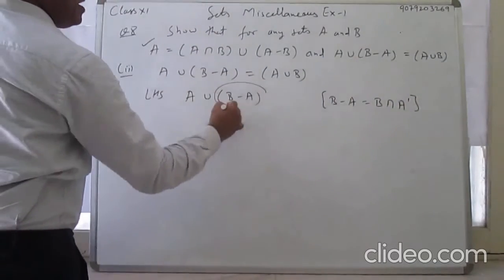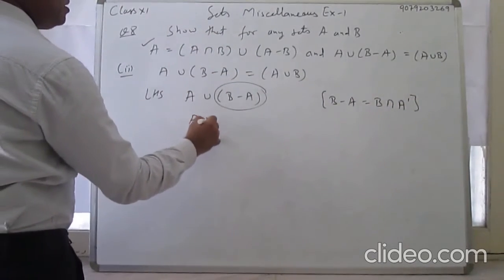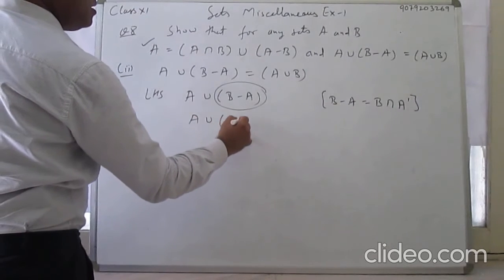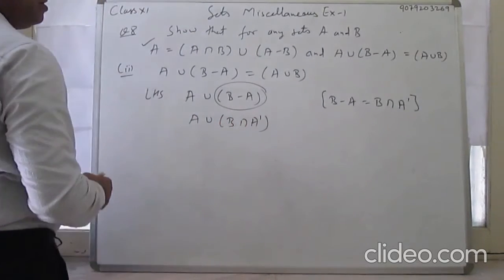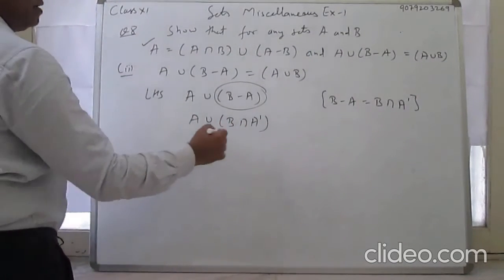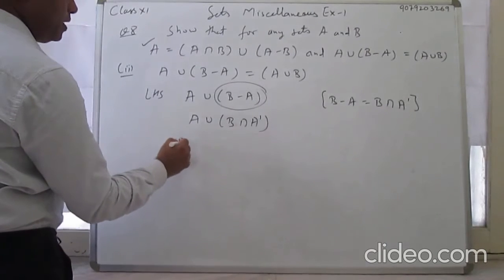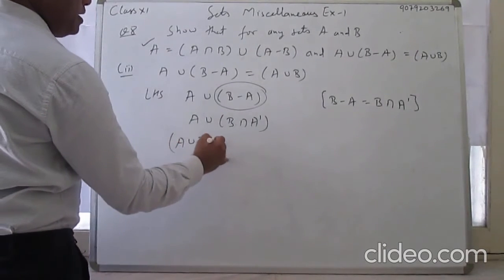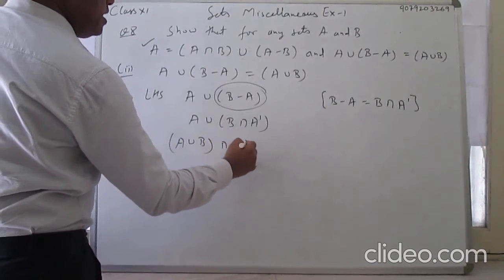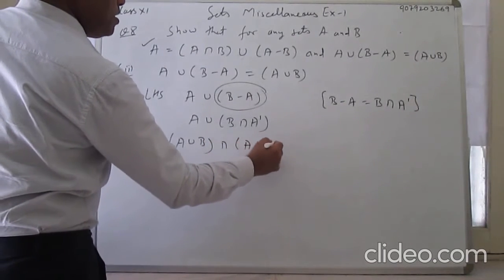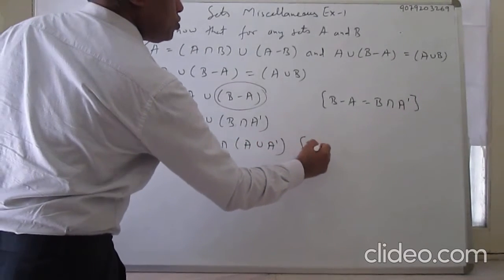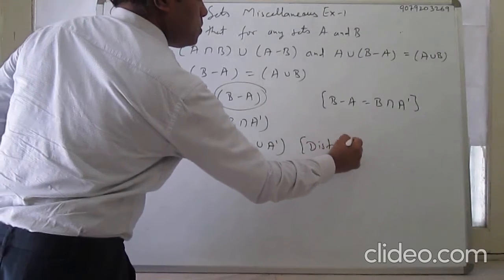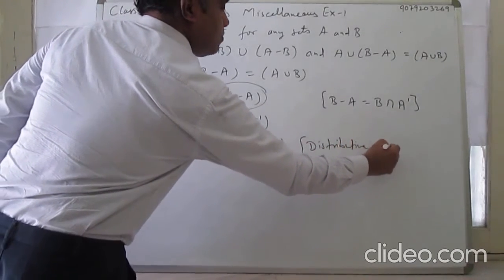So here you can write A union B intersection A complement. Use distributive property. Union over intersection: A union B intersection A union A complement. This is distributive property.